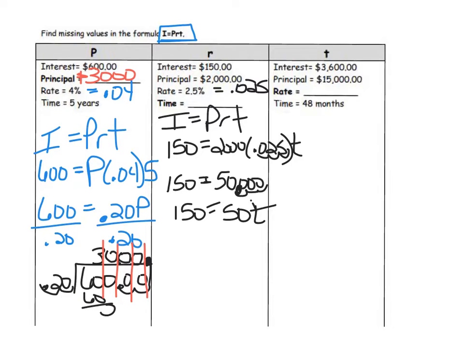Divide by 50. So 150 divided by 50, 3 times. So that means, what was the time? 3 years. So far, so good, right? Okay.